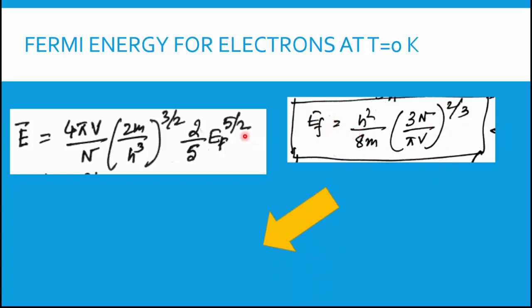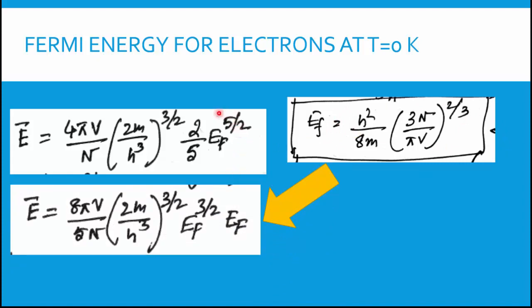I break EF to the power of 5 by 2 as EF to the power of 3 by 2 into EF, and then substitute the value of EF here.